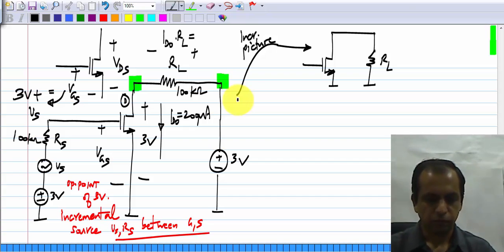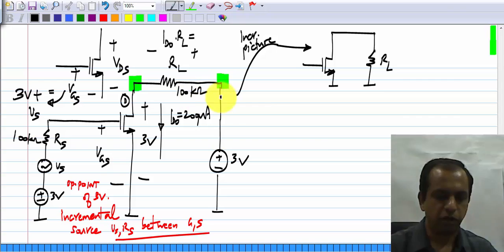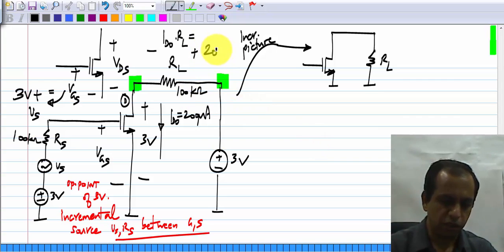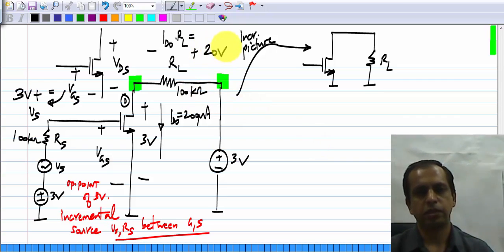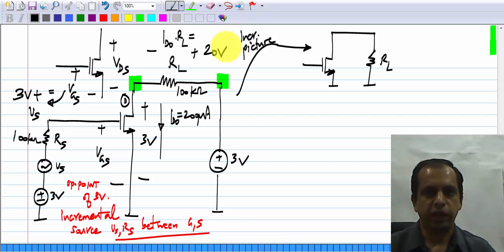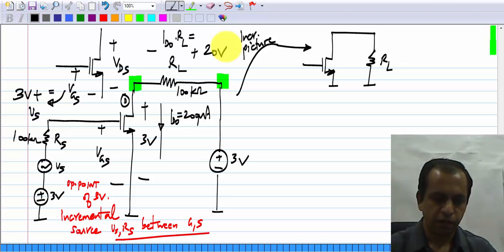Okay. So, ID naught times RL will be 20 volts, right. It appears like a very large voltage, and it is for present day integrated circuits, but do not worry about it. Right now, we are just looking at basic principles of amplifiers.